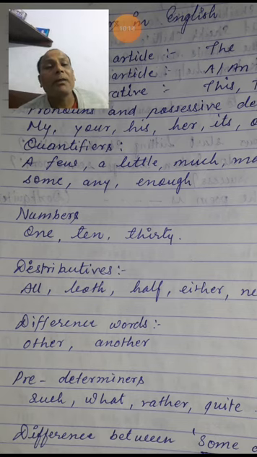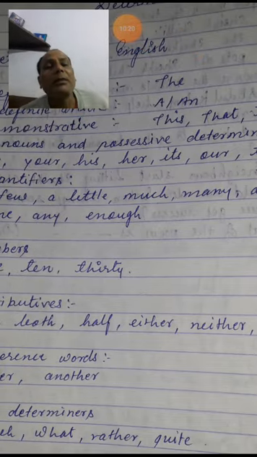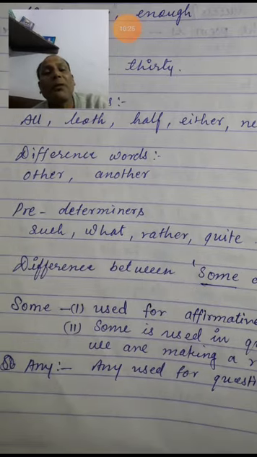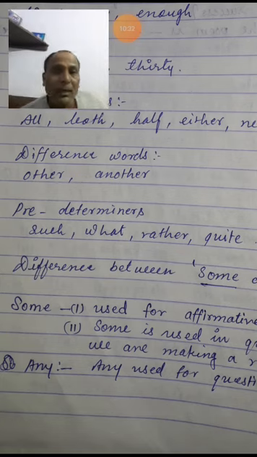Some, any, many, much, more, a few, a little: some of these words stand for plurals and some for singular. But the most important point to go through is the difference between some and any.